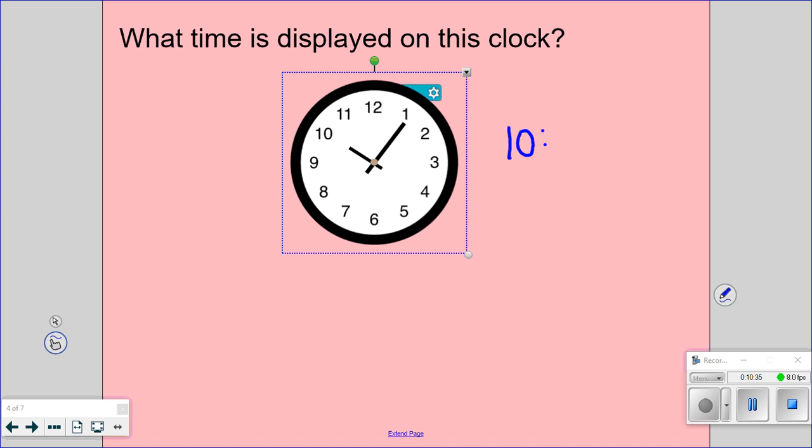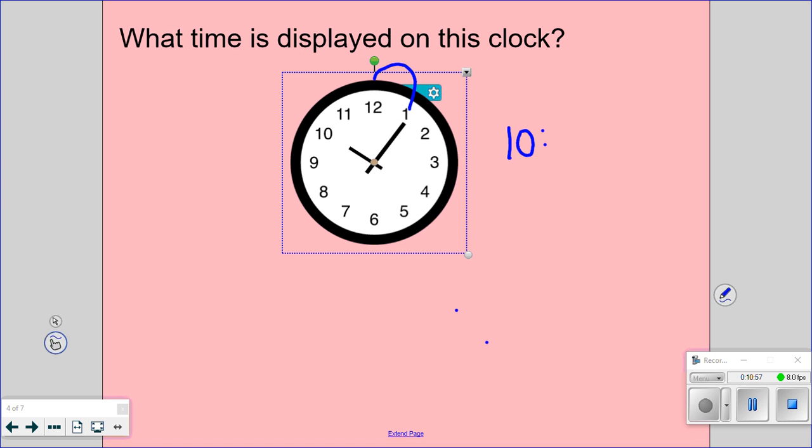Now I need to count my minutes because that's the second part of telling time. I'm going to start at the 12. And I see that it's pointing at the 1. That's going to be one whole jump of 5 minutes.